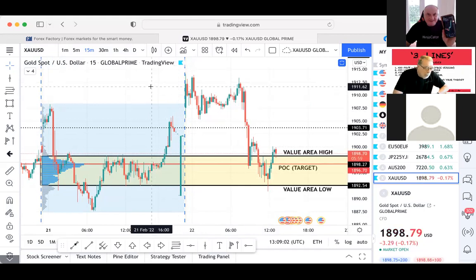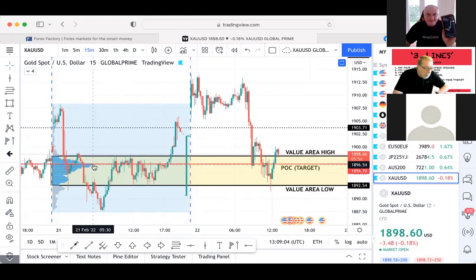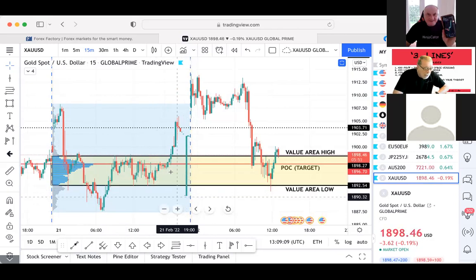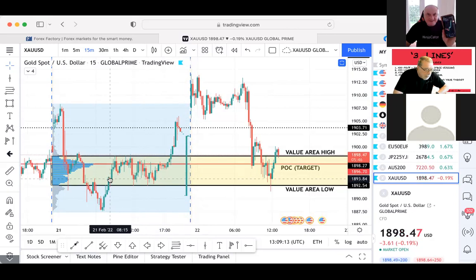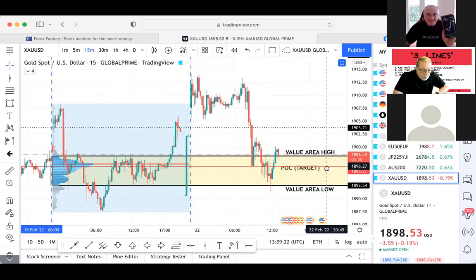So what I've done is I put yesterday's volume profile on from the opening candle to the closing candle. And that gives me a point of control, which is actually hidden underneath this. I'll just move this out of the way.